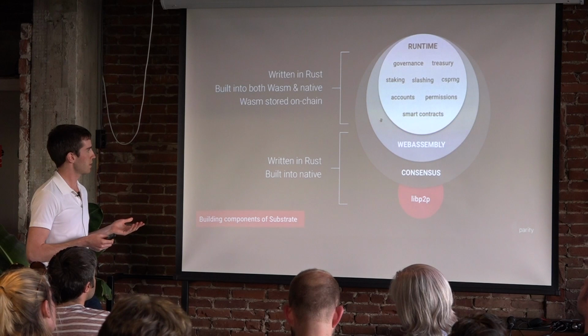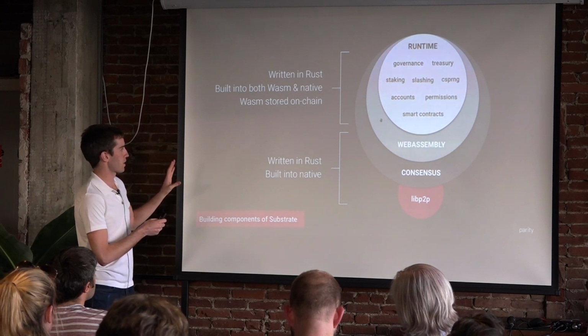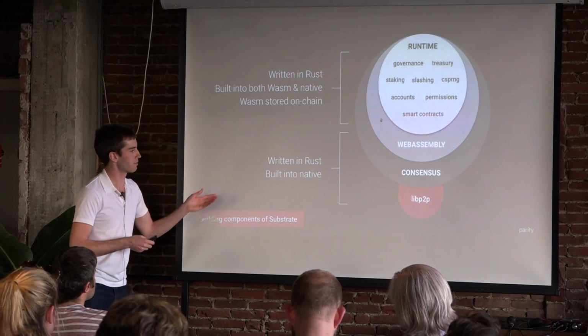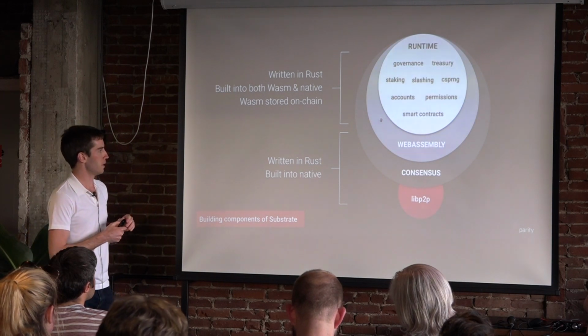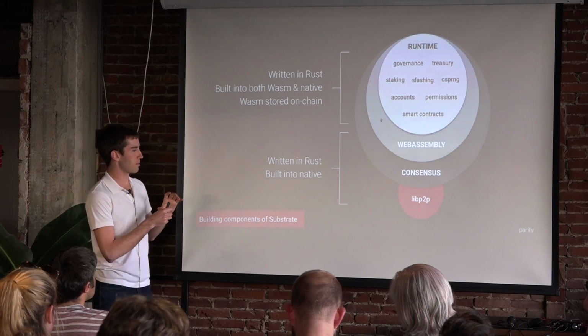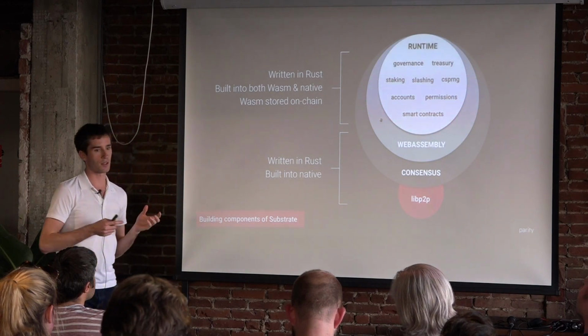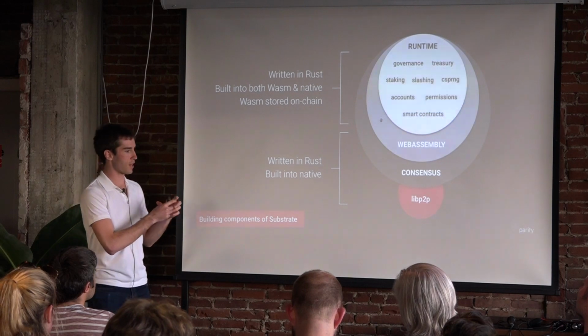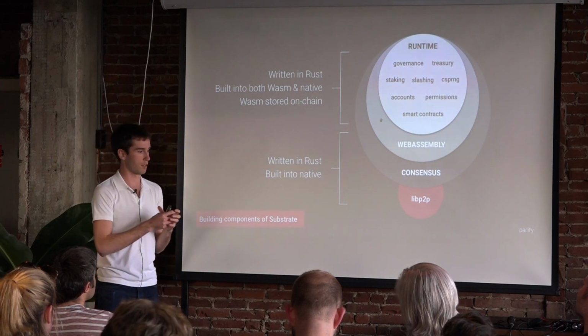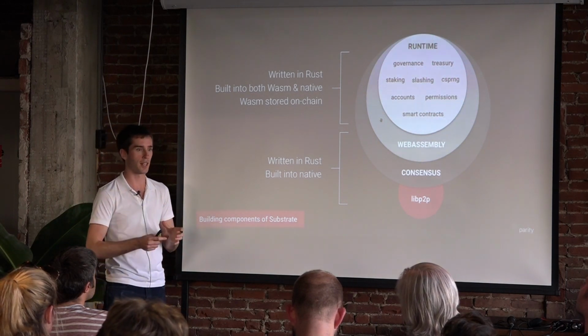Everything's written in Rust, and the cool thing about this is that WebAssembly is the virtual environment, in case anyone doesn't know. The WebAssembly interpreter is part of the core, so you take your runtime and compile it into a binary that goes in the chain.